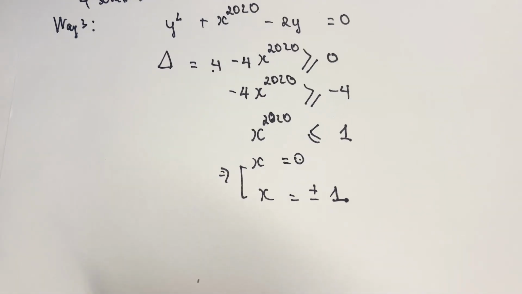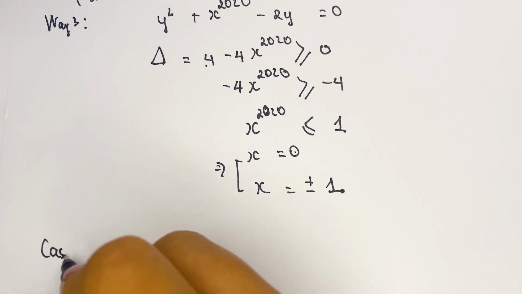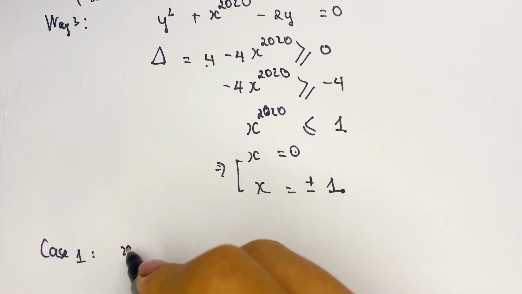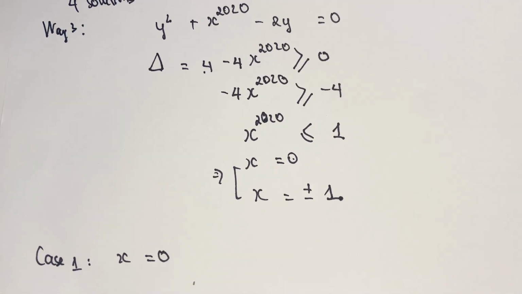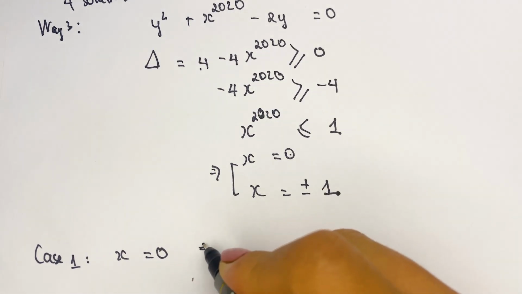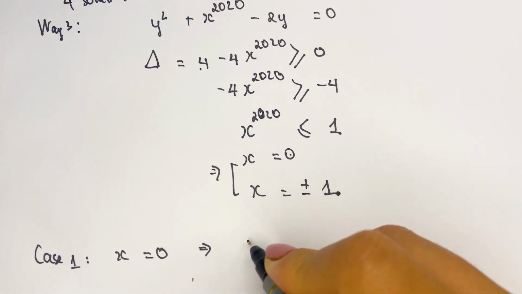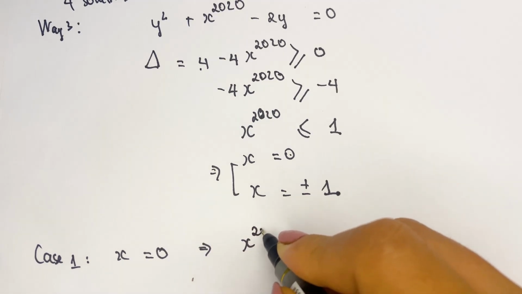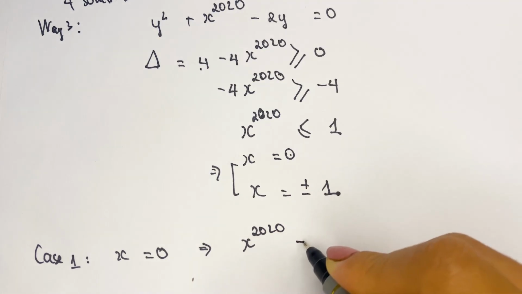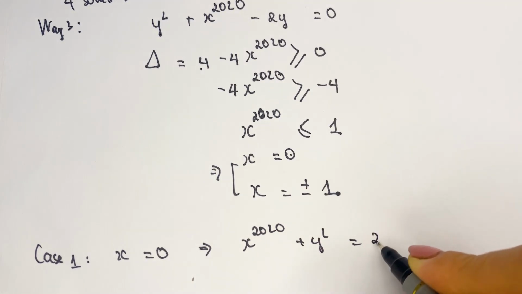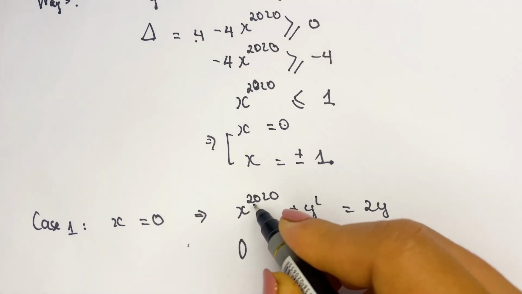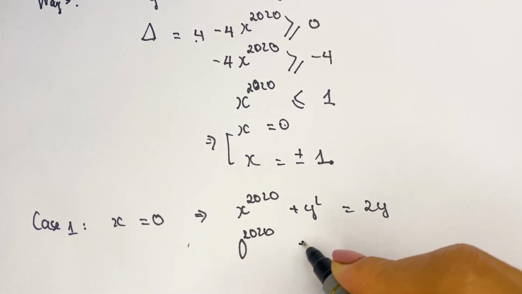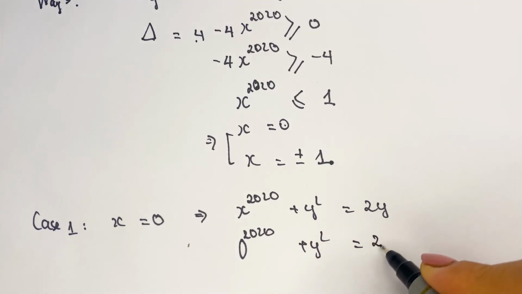Yes, so for case number 1, x equals 0, right? So we have the original equation x^20 plus y squared equals 2y. So we can say 0^20 plus y squared equals 2y.